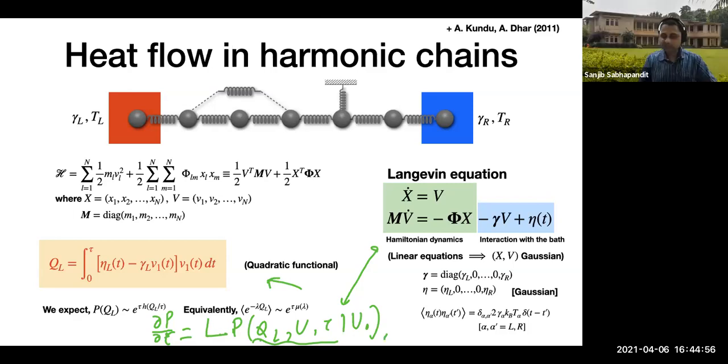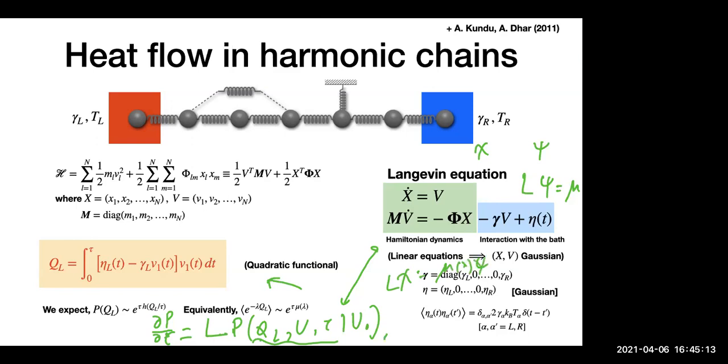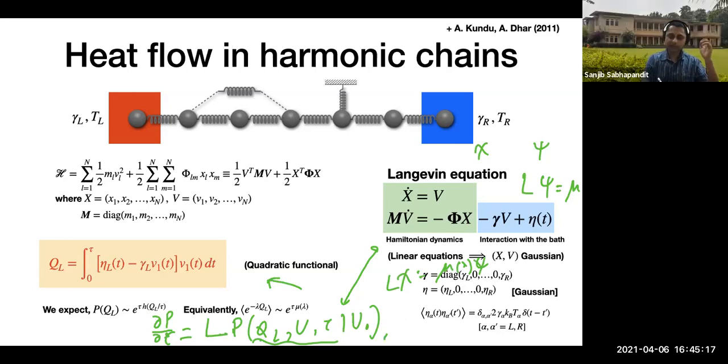So in some sense, you have these two eigenvectors, let's say psi and chi. When L operates on psi, it gives you mu psi, and when L operates on chi, it gives you again mu times chi. So it operates the other way; you can think of it as chi L equals chi mu.